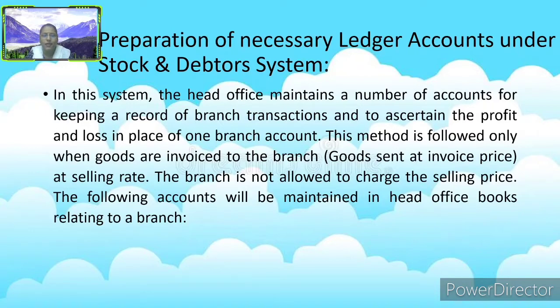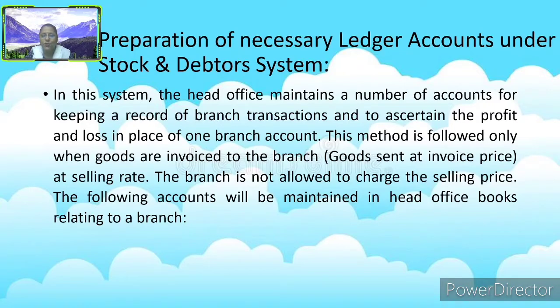In this system, the head office maintains a number of accounts for keeping a record of branch transactions and to ascertain the profit and loss in one place, in one branch account. This method is followed only when goods are invoiced to the branch, that is, goods sent at invoice price, selling price.